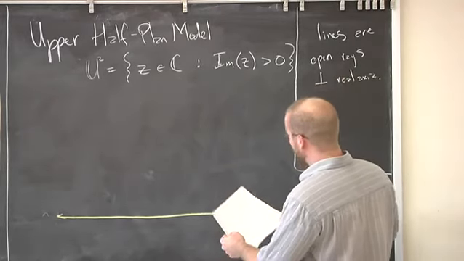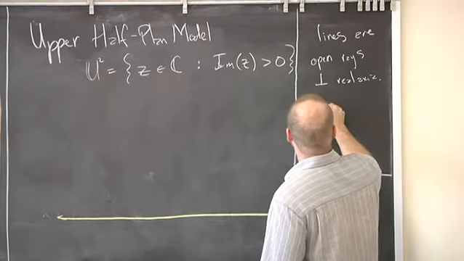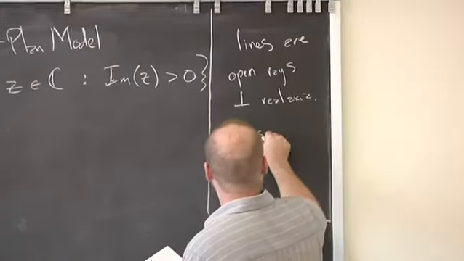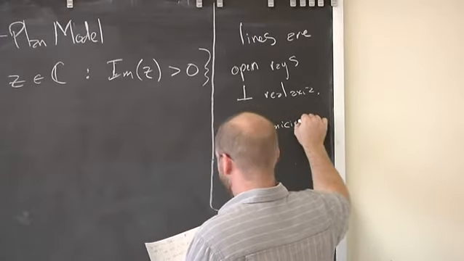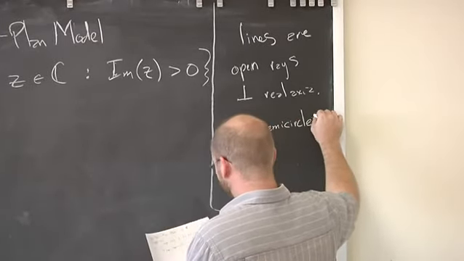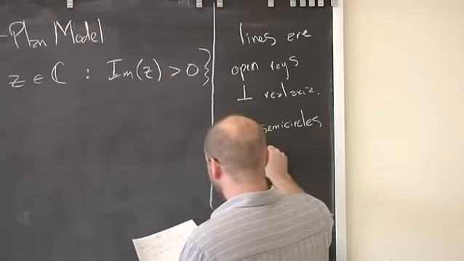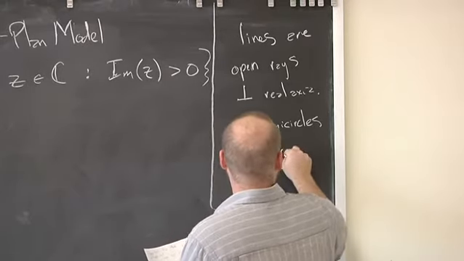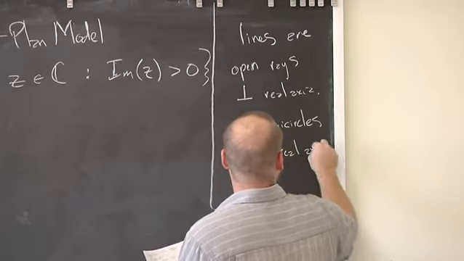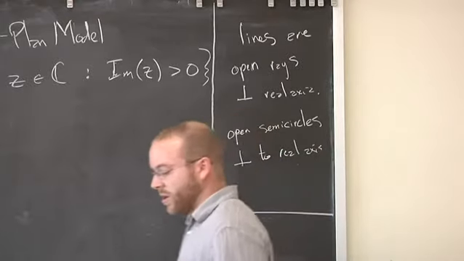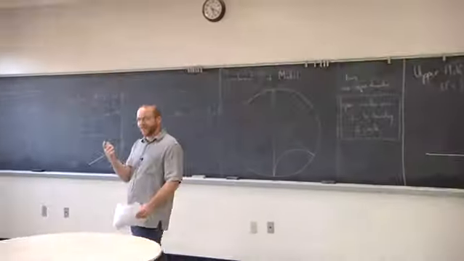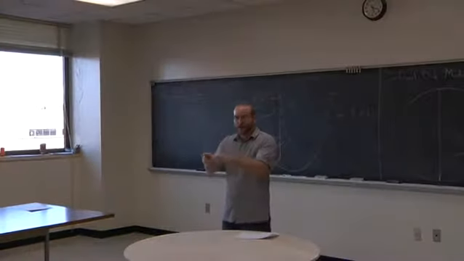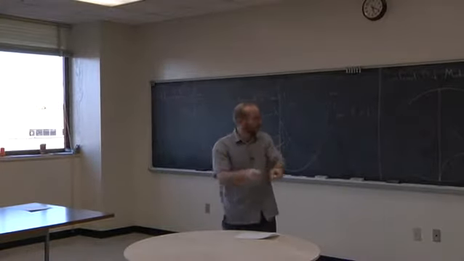And second, open semicircles. So I couldn't get away from the circles, but they're at least now semicircles, and they're orthogonal to the real axis as well. This is nice because a semicircle being orthogonal to the real axis means that the center of the circle is on the real axis, right?